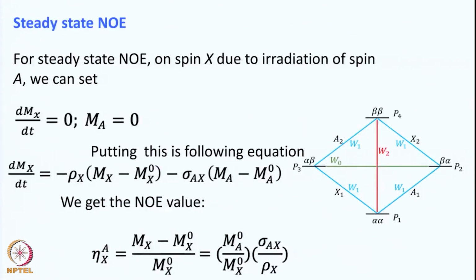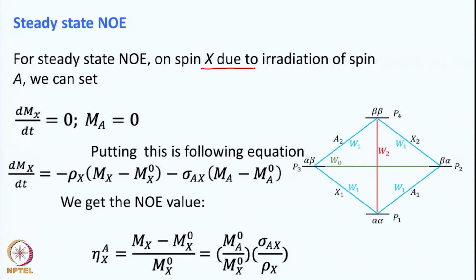Now we go back and do a little more rigorous analysis to explain the steady state NOE. For a steady state NOE, we are looking at the spin X: what is the effect on spin X of irradiating spin A?